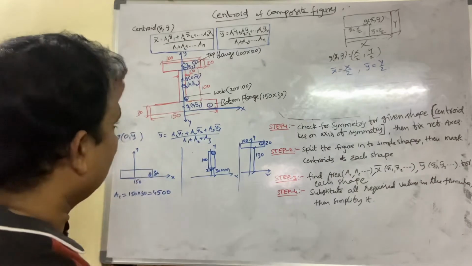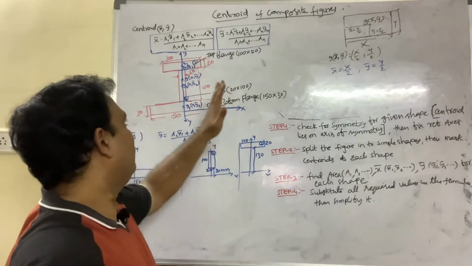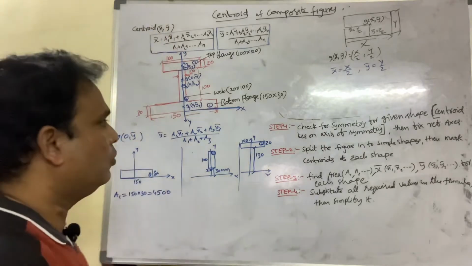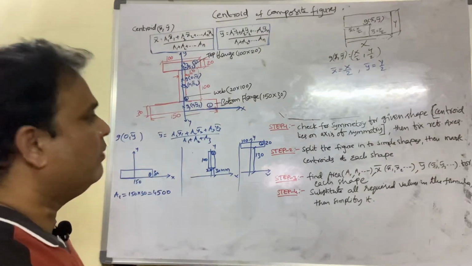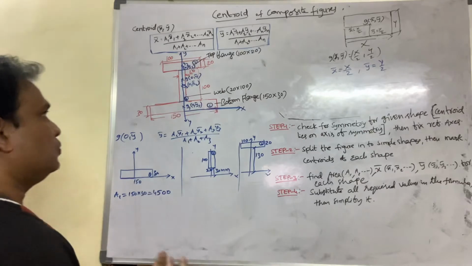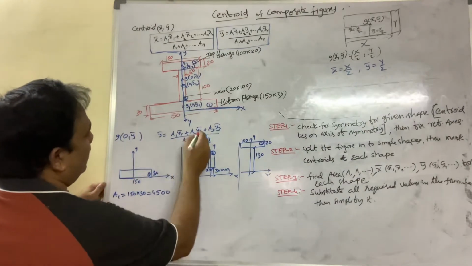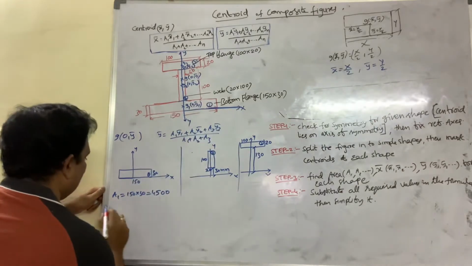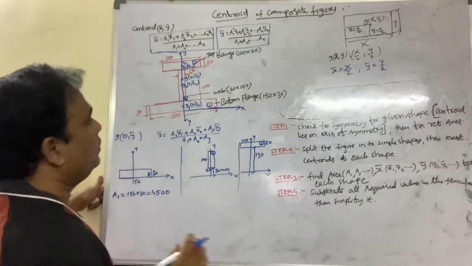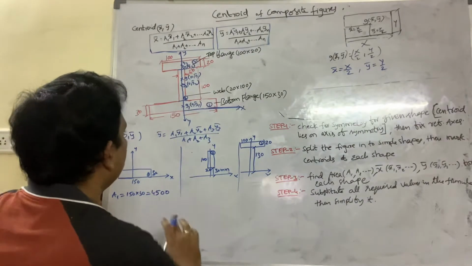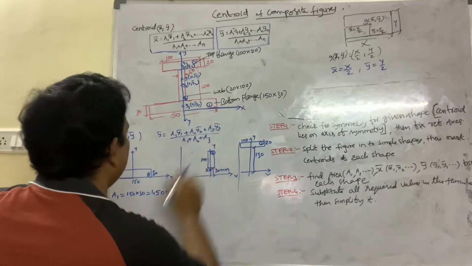Here the value of x bar is 0 on the y-axis, so there is no need of finding x1 bar, x2 bar, etc. We only require the values of y1 bar, y2 bar and y3 bar.